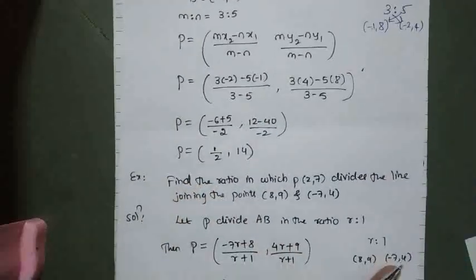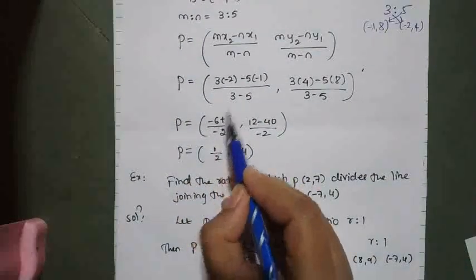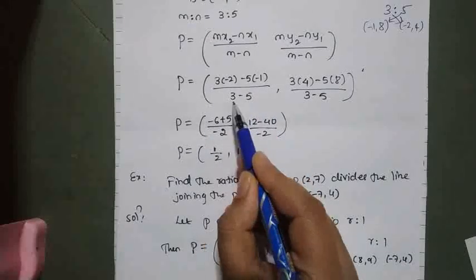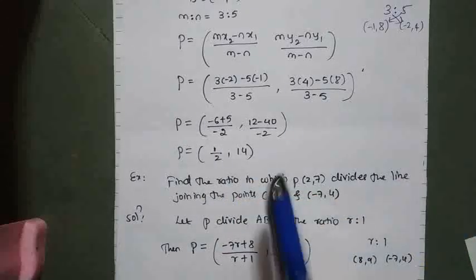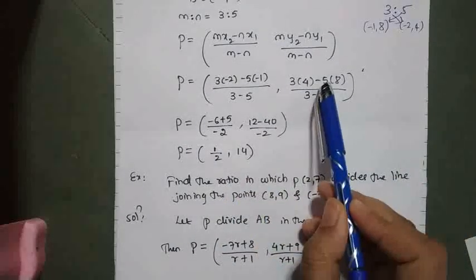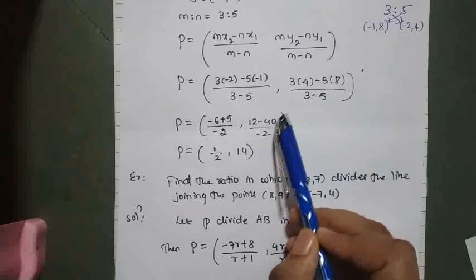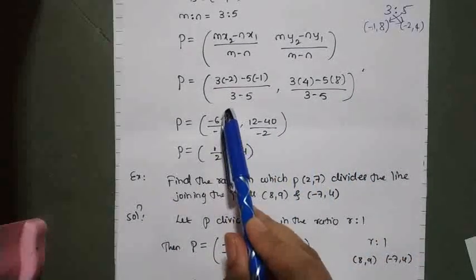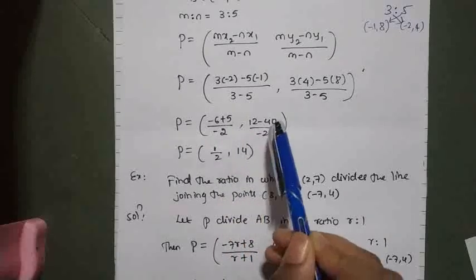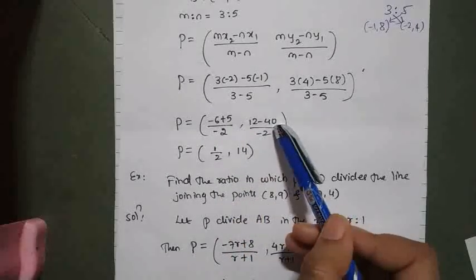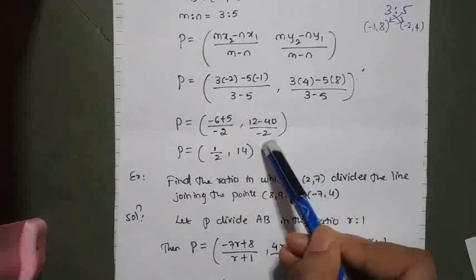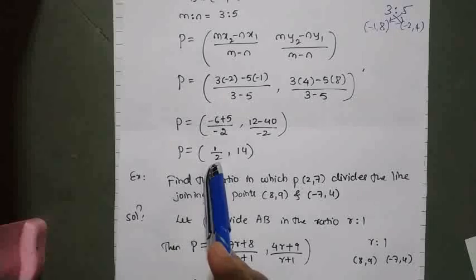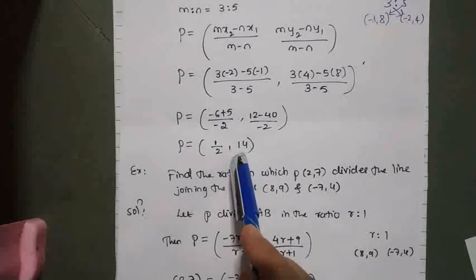So this is equal to 3 into -2 is -6, minus 5 into -1 is +5, divided by 3 minus 5 is -2, and 3 into 4 is 12 minus 5 into 8 is 40, divided by -2. So this is -1 by -2 and this is 12 minus 40 by -2. Okay, so the answer is 1 by 2 and this is 14.